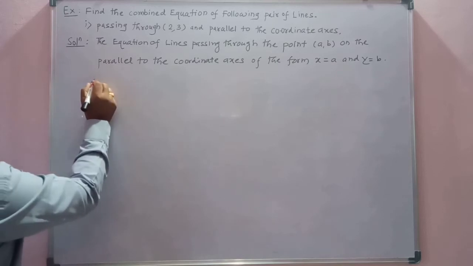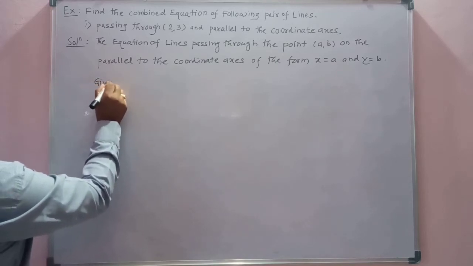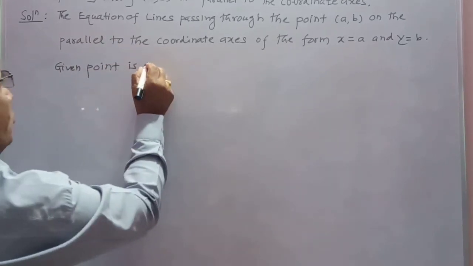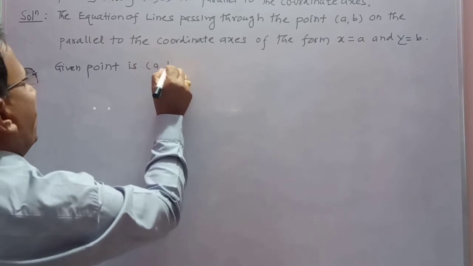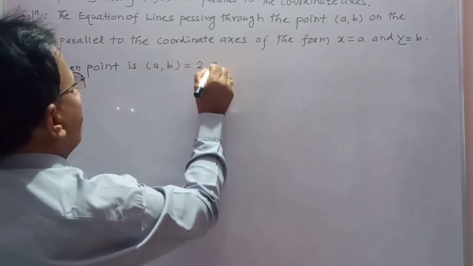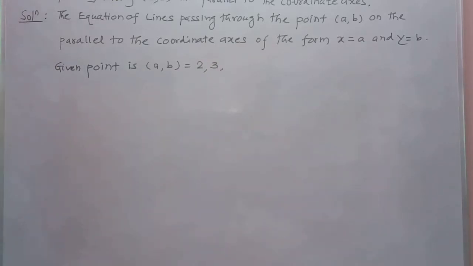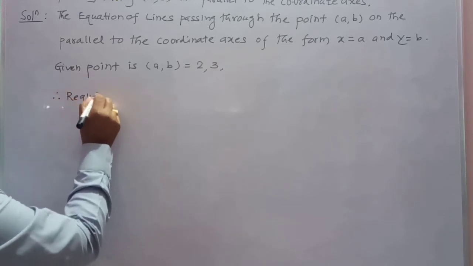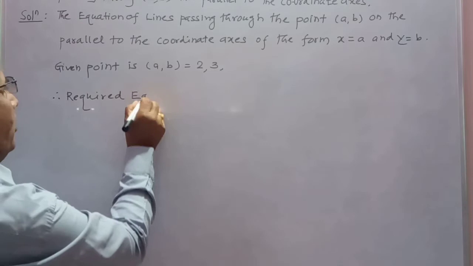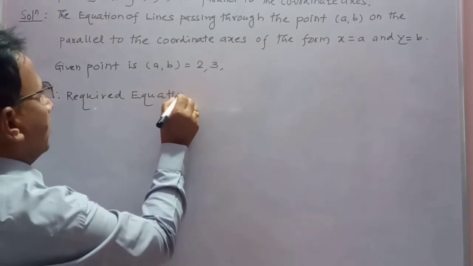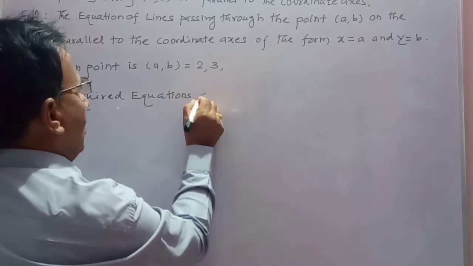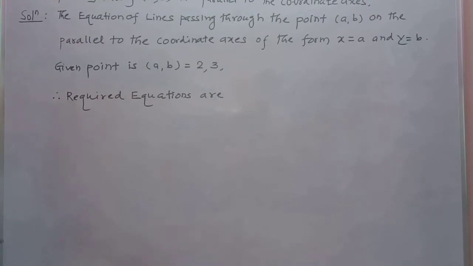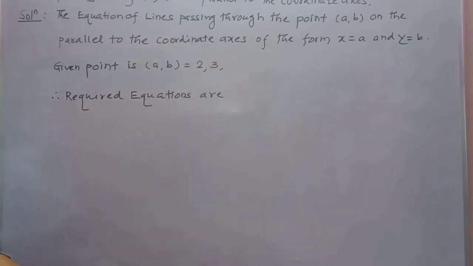Therefore, the given point (a, b) is equal to (2, 3). Therefore, the required equations are: x equal to a, this is parallel to the coordinate axis.